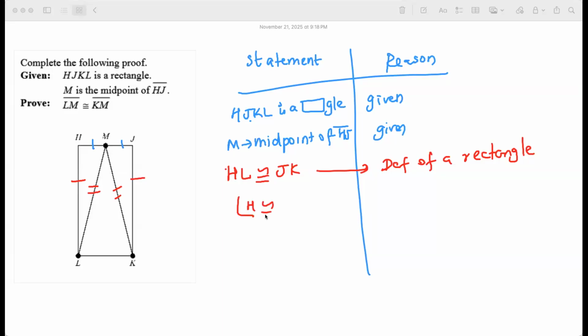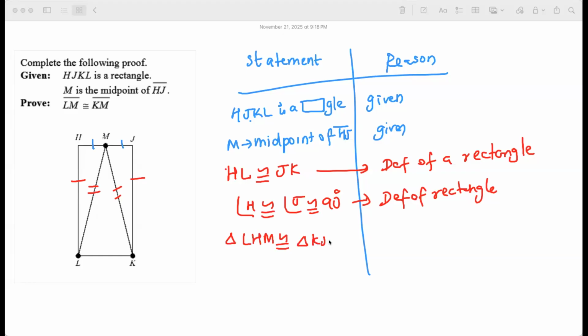Why? Because that's also a property of a rectangle, definition of rectangle. Now, what happens? Triangle LHM is congruent to triangle KJM. Why? SAS congruence. Nice. Then LM is congruent to KM because of CPCTC. That's it. Makes sense, guys?